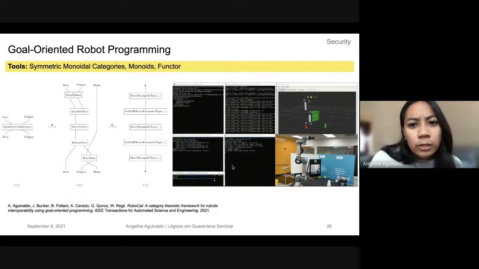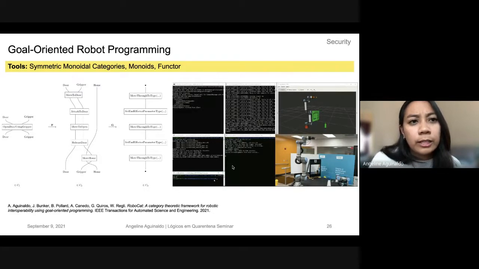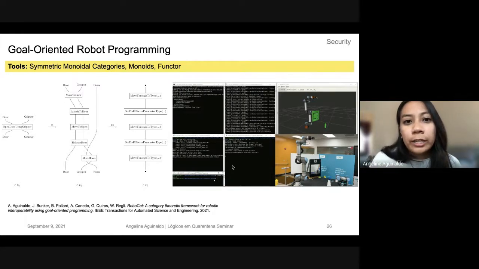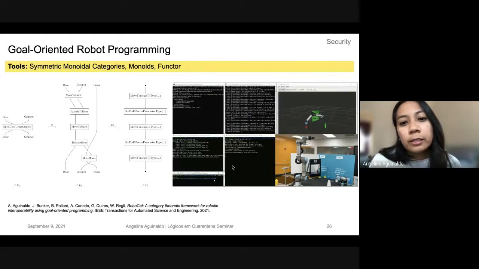Okay. So I'm going to go through a few examples, the first of which is this idea of goal-oriented robot programming. I alluded to this earlier with the string diagrams, but the question is, can we model robotic programming in this compositional way so that we can more easily create modules or reusable skills for a given robotic arm, regardless of brand or manufacturer or software development framework?